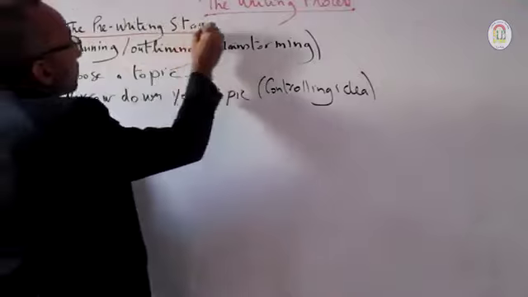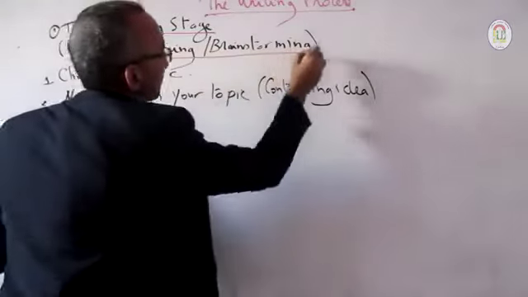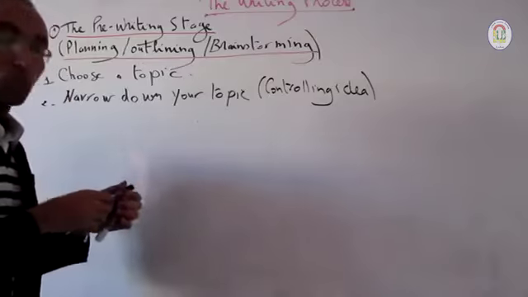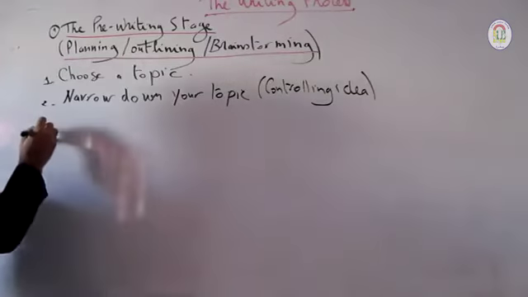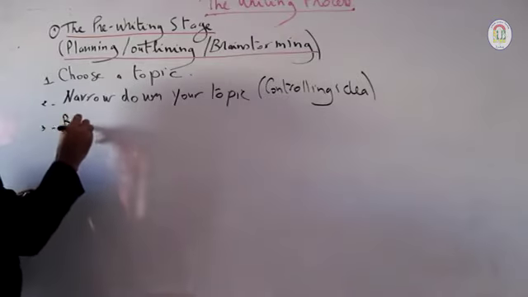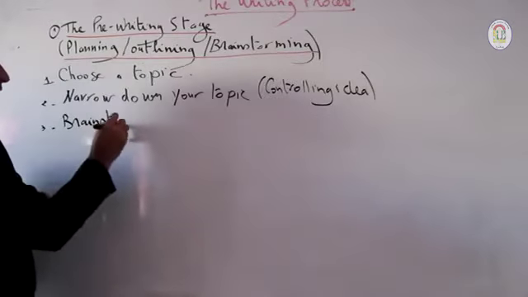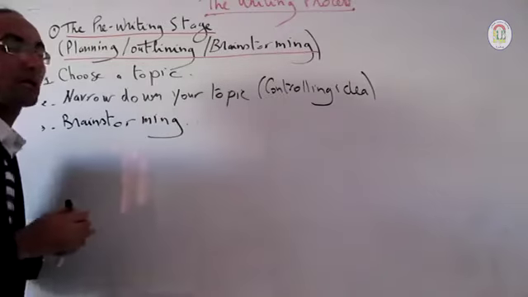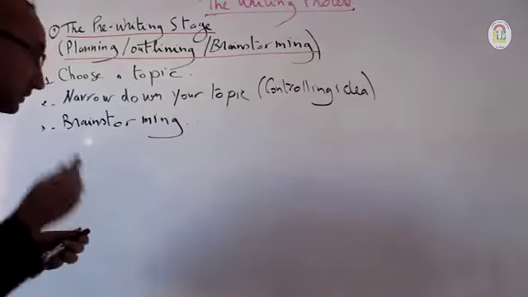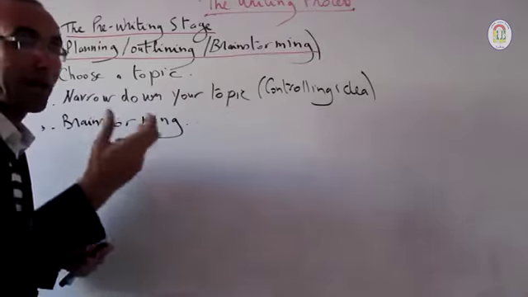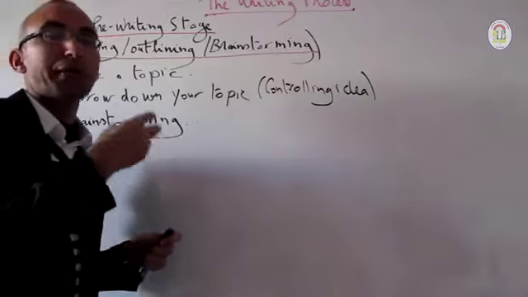which is the pre-writing stage. Now I go to the step of brainstorming. Number 3, brainstorming. What do you mean by brainstorming? As you see, this word or term implies the use of the brain.